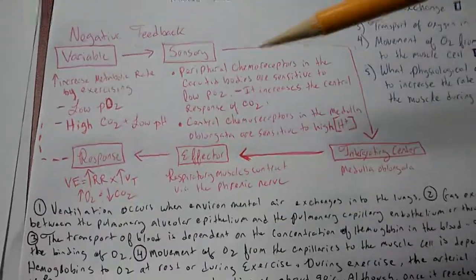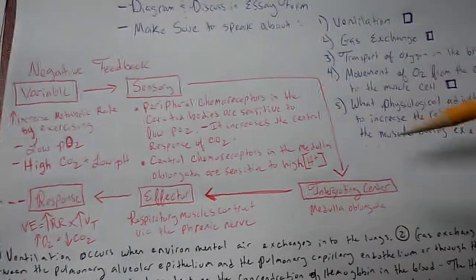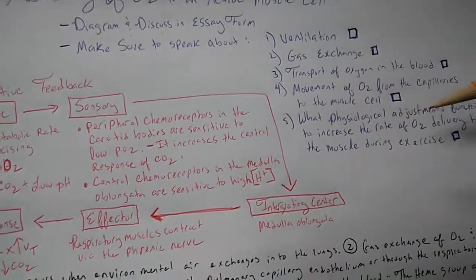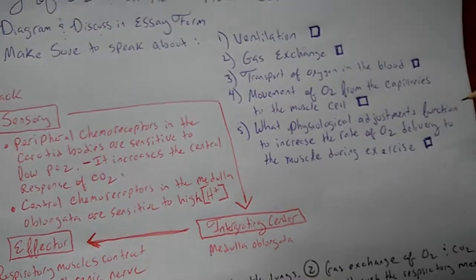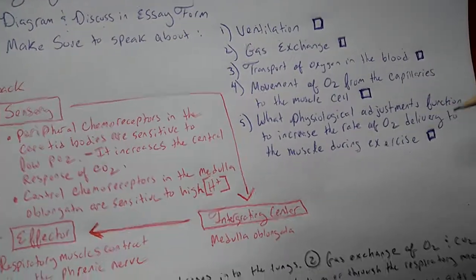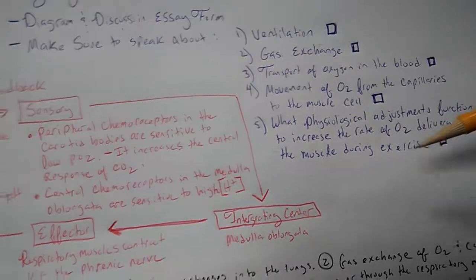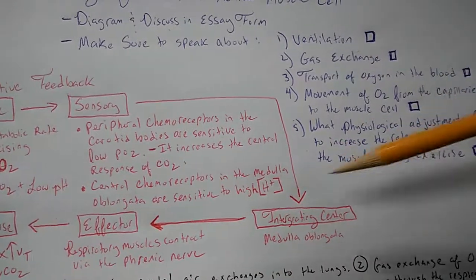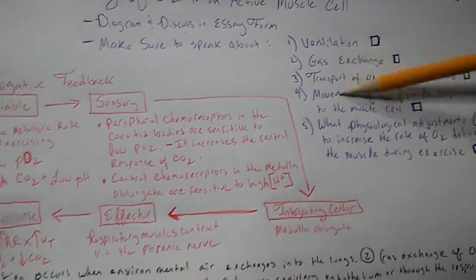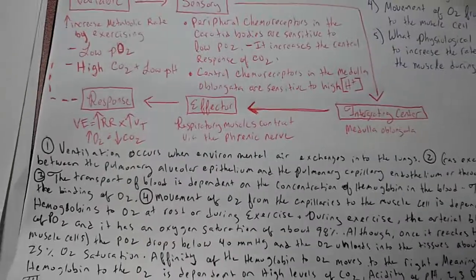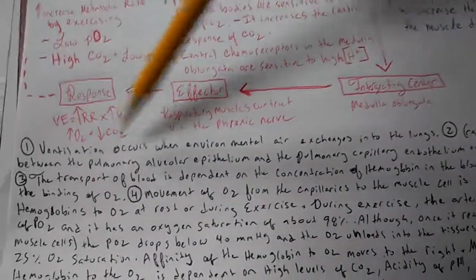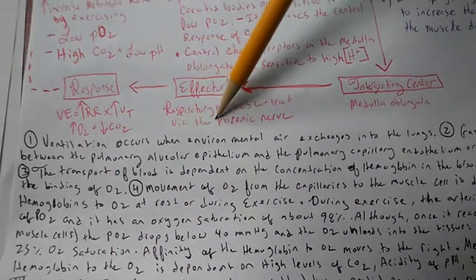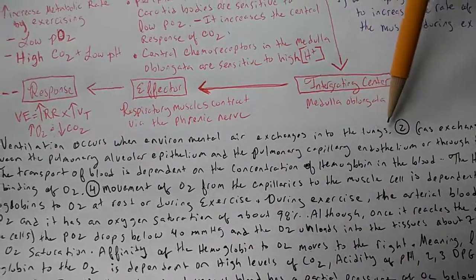Now to put that in essay form, this section here would take care of what physiological adjustments function to increase the rate of O2 delivery to the muscle during exercise. So that takes care of the negative feedback. Now to take care of these areas, we'll have an essay form, and we'll put 1, 2, 3, 4 next to them. Number 1: ventilation occurs when environmental air exchanges into the lungs.